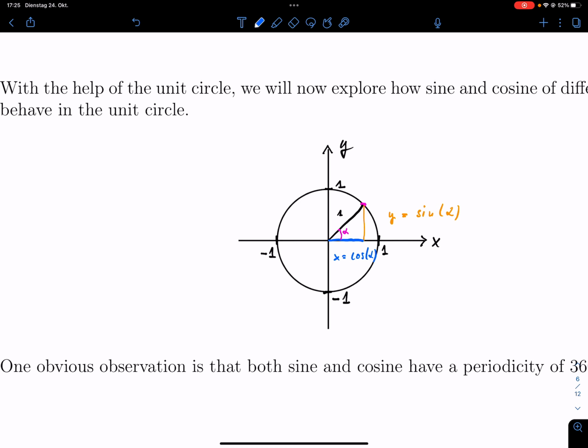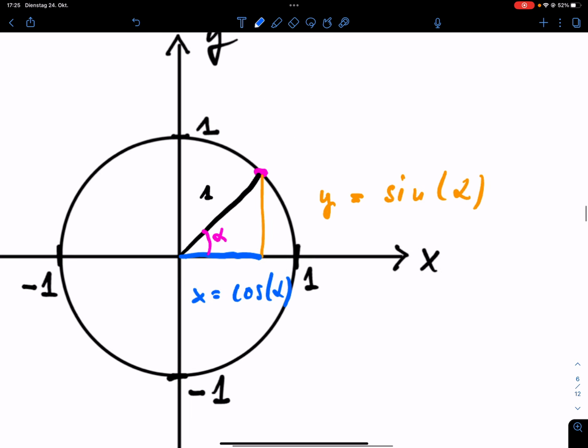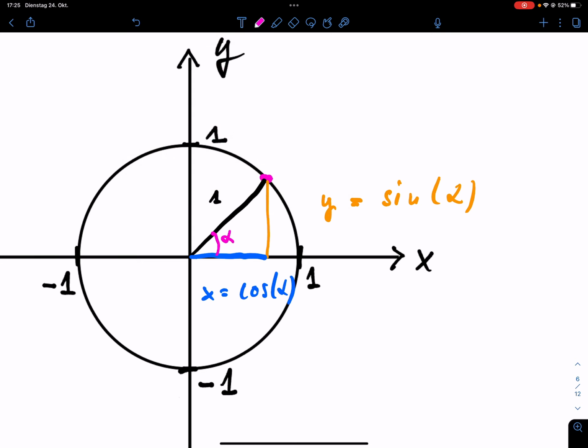And the one obvious thing is that if you have alpha, you can also generate this point, maybe in a silly fashion, by adding one whole 360 term. So this here would be 360 plus alpha, or in radian 2 pi plus alpha.